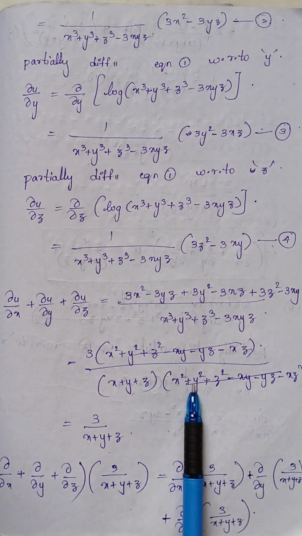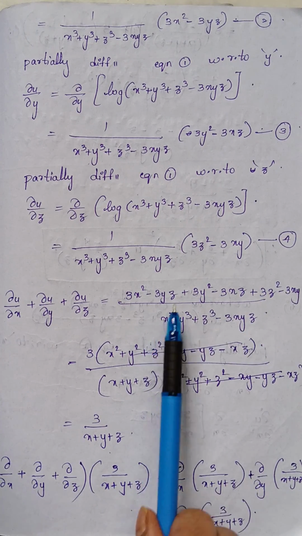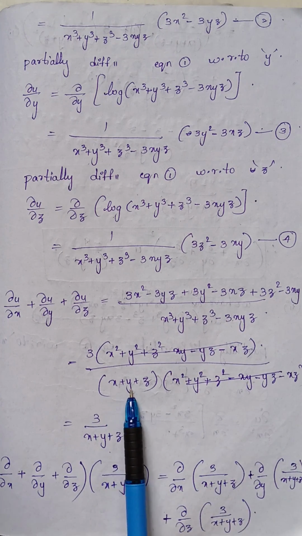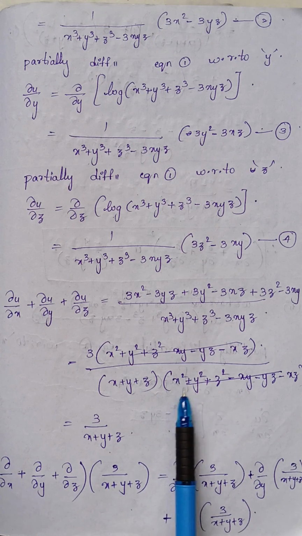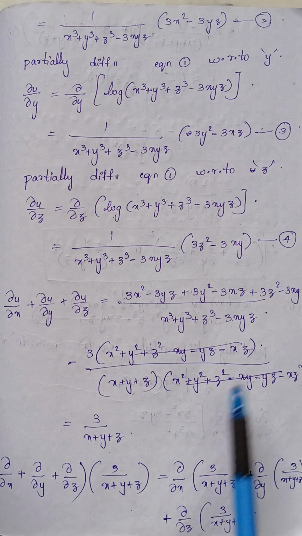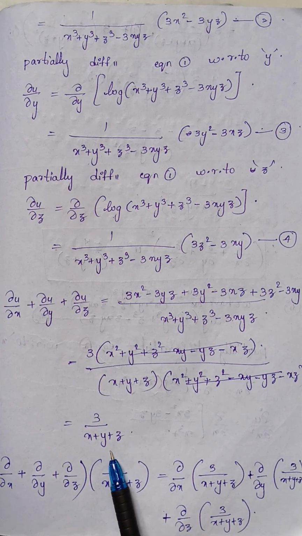So the same part is common, so it gets cancelled. So we need to remember this formula: x cube plus y cube plus z cube minus 3xyz is x plus y plus z of x square plus y square plus z square minus xy minus yz minus xz. So the same term gets cancelled and it will be 3 by x plus y plus z.